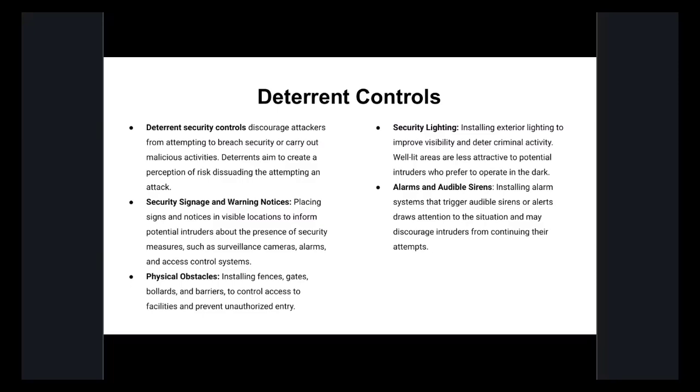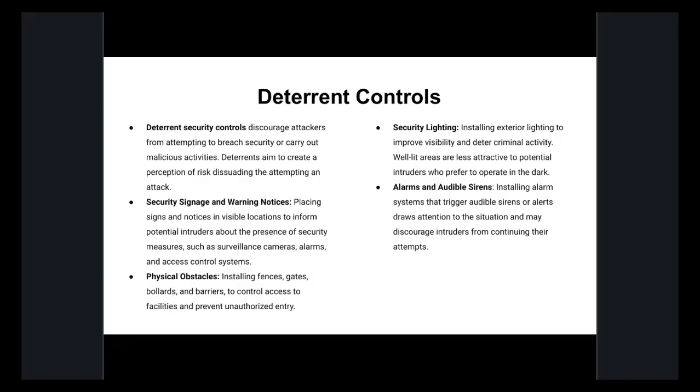These typically work together where we can illuminate certain areas of our business's location when we have an attacker in an unauthorized area. We also can use alarms to trigger sirens or some other type of audible alert to draw attention to the attacker in an unauthorized place.